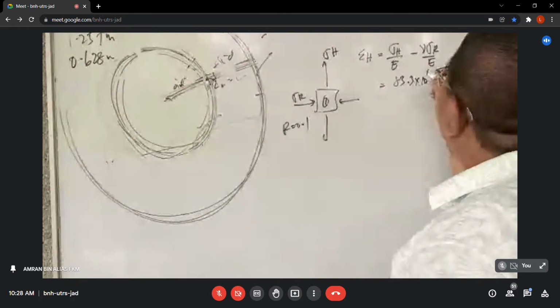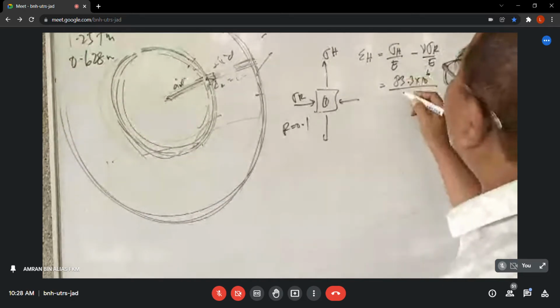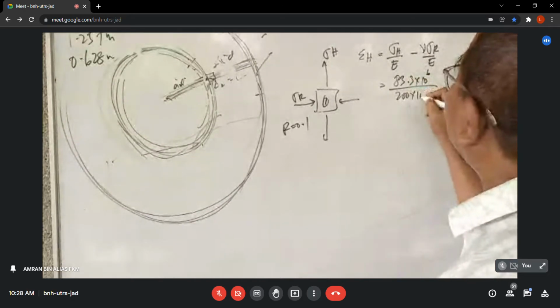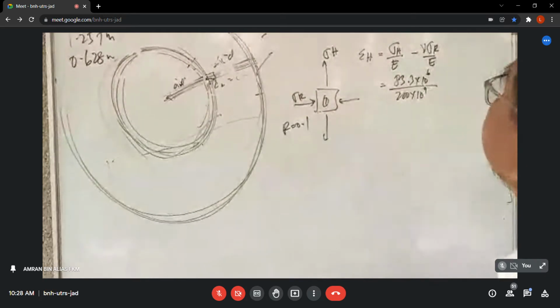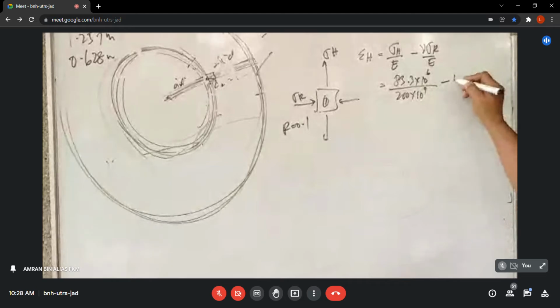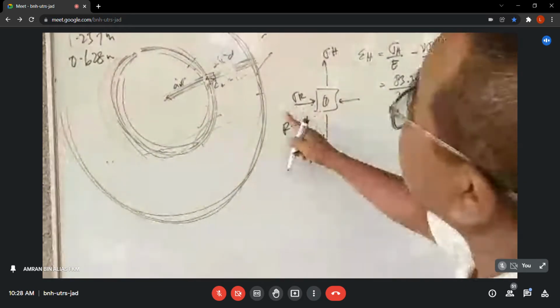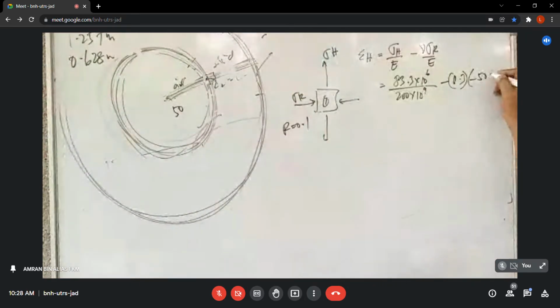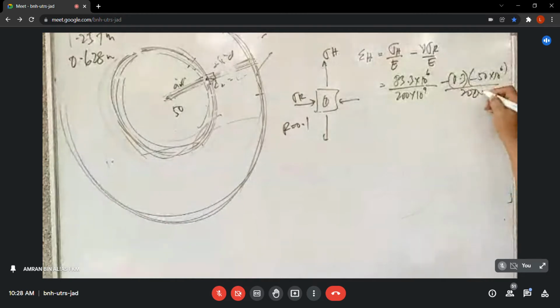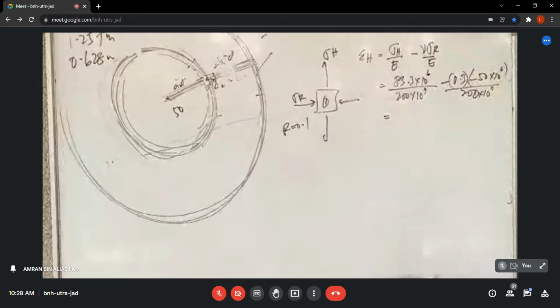83.3 times 10 to the power of 6, and then E is 200 times 10 to the power of 9, minus poisson ratio 0.3 times sigma R, which is minus 50. This is pressure 50, minus 50 times 10 to the power of 6, over 200 times 10 to the power of 9. So what is the value of E then? Must be positive.